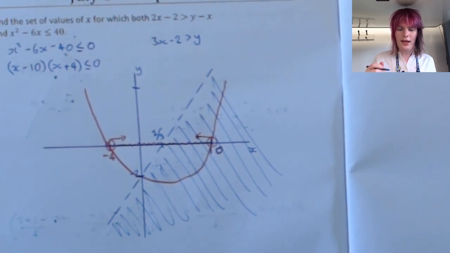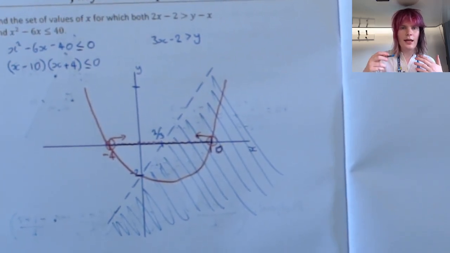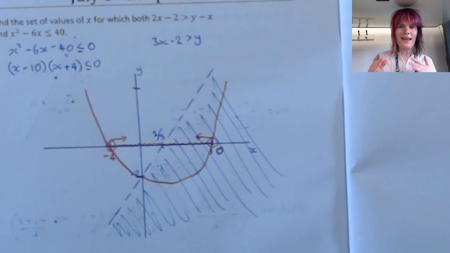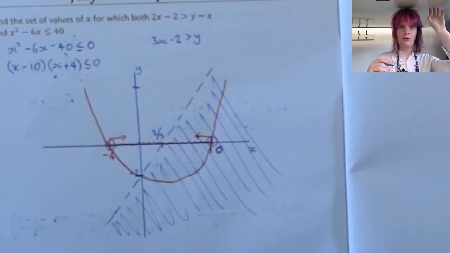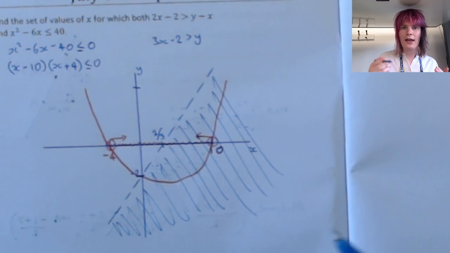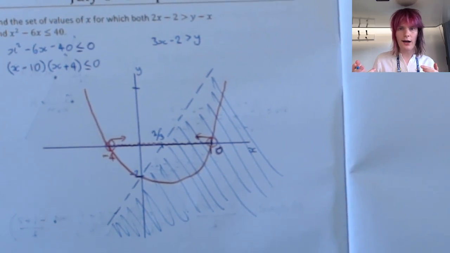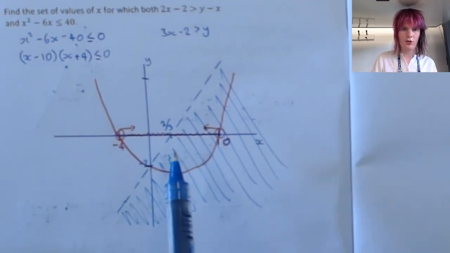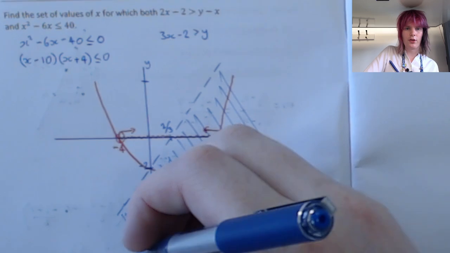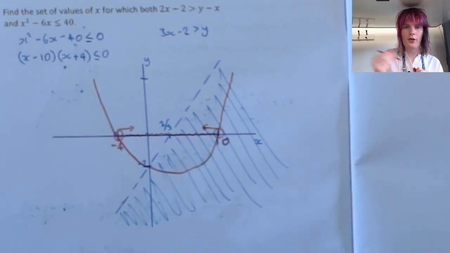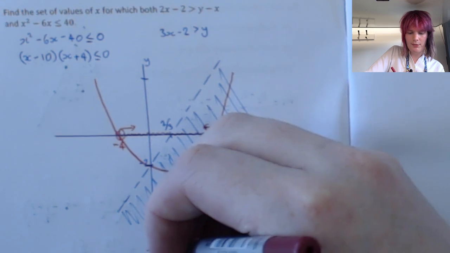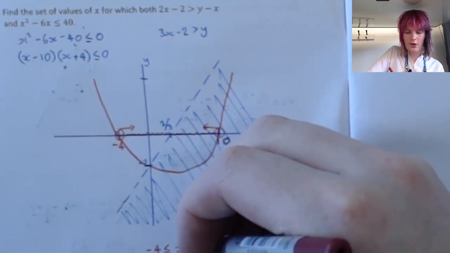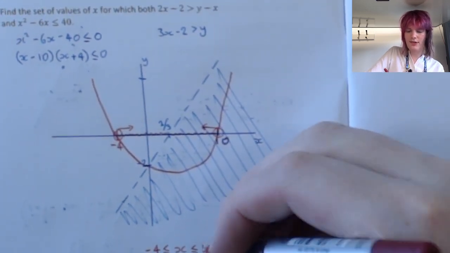Now this indicates we can come up with the intersection of these two regions. Our first region follows this rule where 3x minus 2 is greater than y. Our second region follows our other rule that minus 4 is less than or equal to x, which is less than or equal to 10.